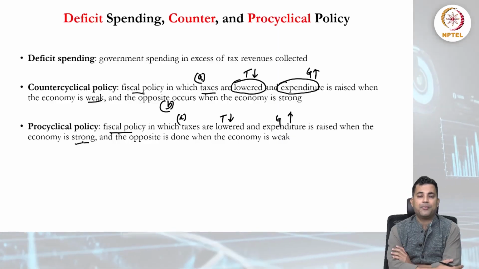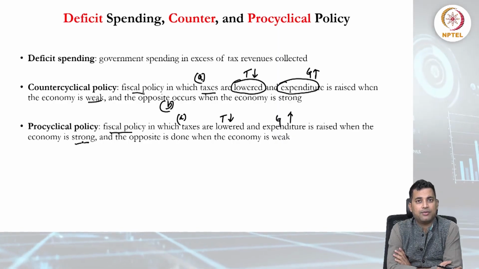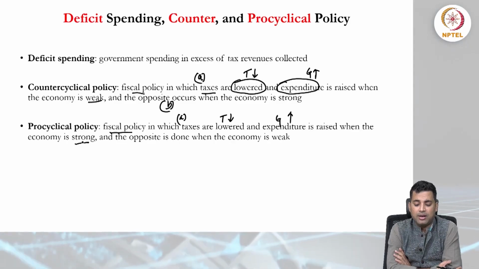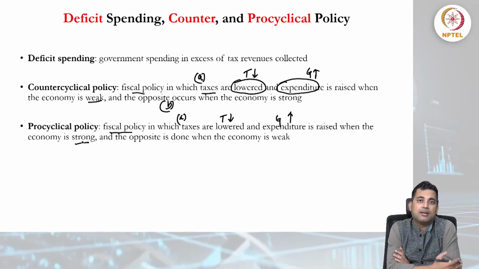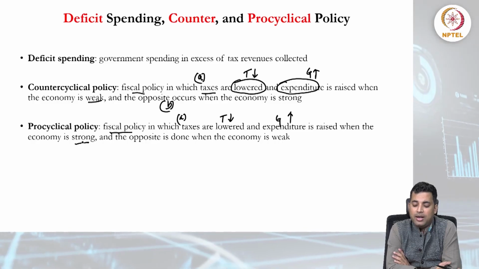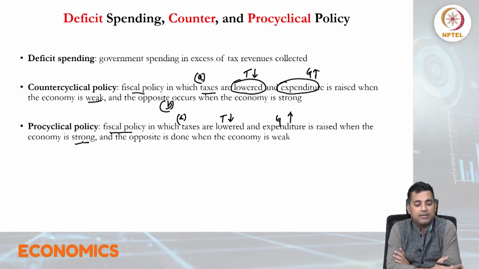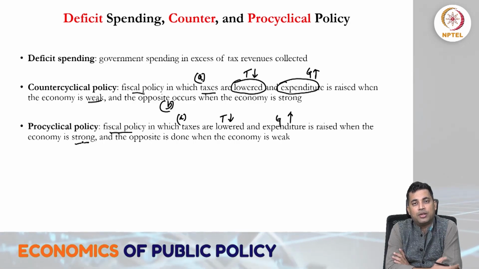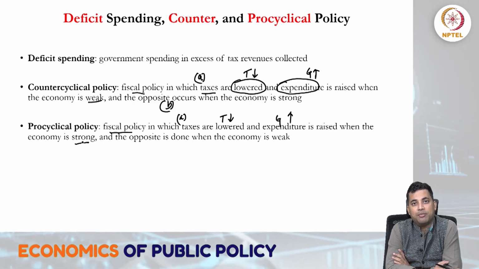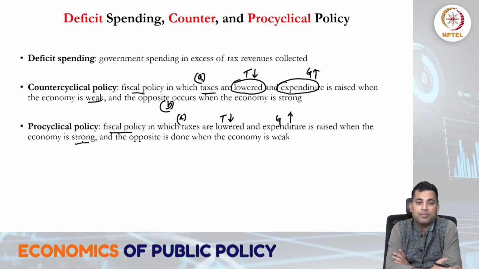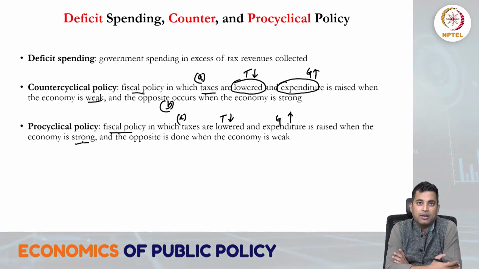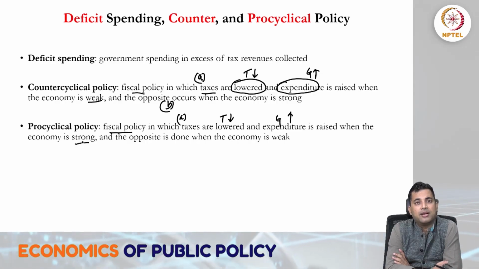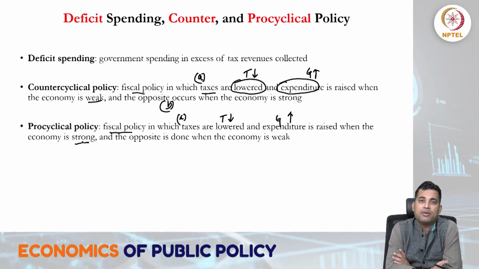Even in the situation where the economy is weak, tax collection is lower and government expenditure is high. We can understand that this is to give a push to the economy so that it can be reboosted, and through this the total aggregate demand will be increased.